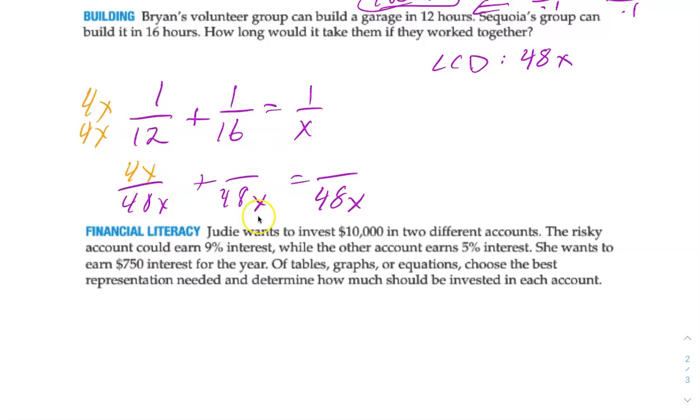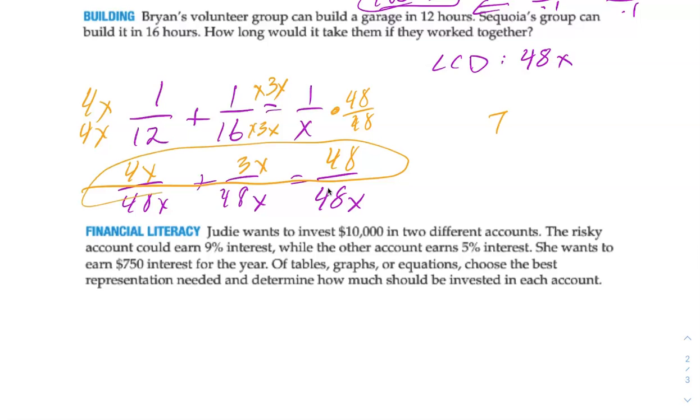To get 16 to be 48, times it by 3x. Again, I have 16, but I need to get to 48x. And to go from x to 48x, you times it by 48. Once you have that, you just solve the numerators. And you get 7x equals 48. Divide by 7. And you get some decimal, 48 over 7.